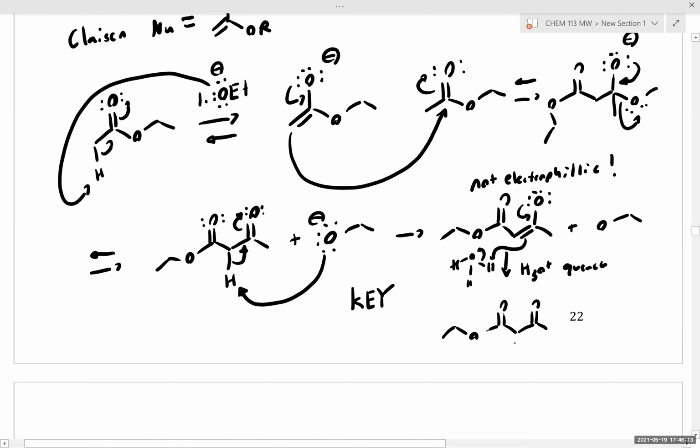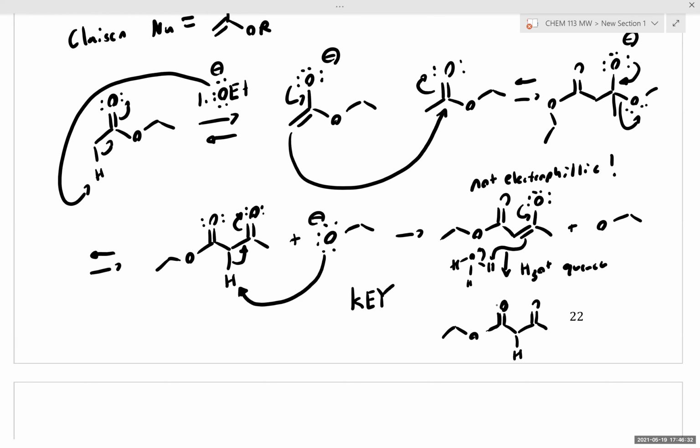So, does everyone see how the Claisen condensation mirrors a carbonyl substitution reaction?